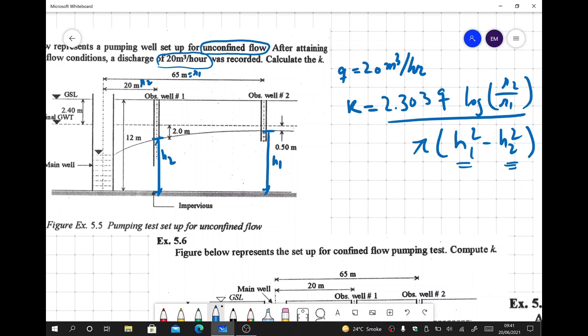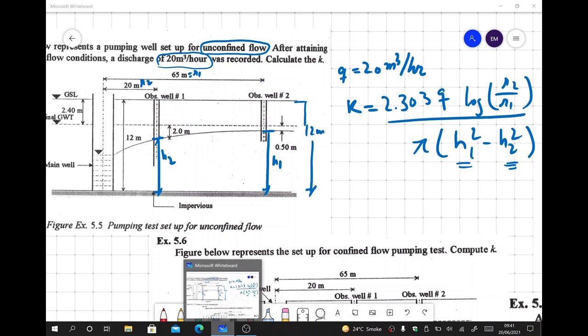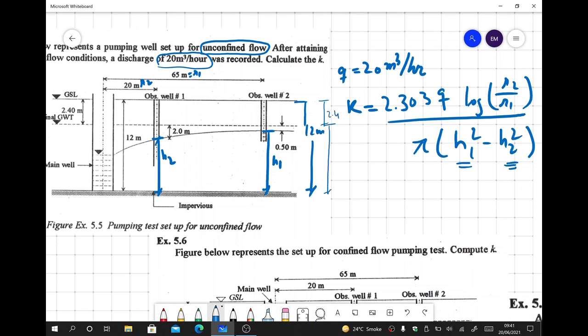So we have to do the calculations ourselves. The total depth is 12 meters. This is 12 meters and it says the groundwater table is at 2.4. So I'll subtract 2.4 from 12. 12 minus 2.4 is equal to 9.6.